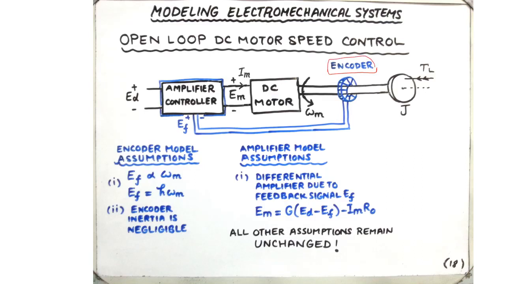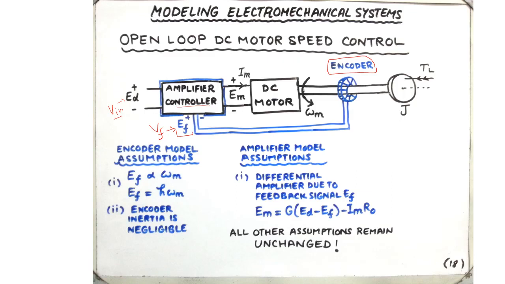So in case of an encoder, it is just like a very thin sleek disc that can be mounted on the motor shaft as shown here in blue. And the output of an encoder is an electrical signal EF that is going to become the second input to the amplifier controller, and this is going to become the input, if you remember VF, the other input, and this ED is the main input VM.